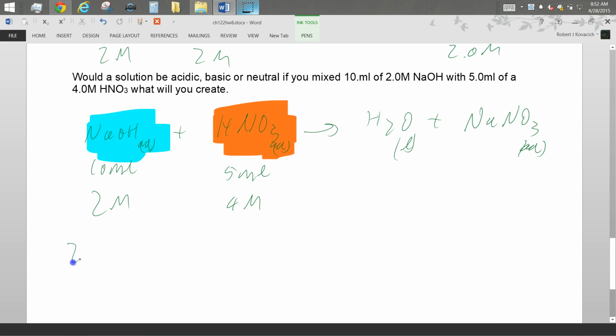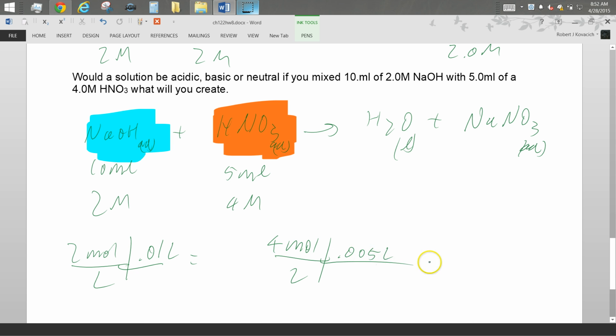This is 2 moles per liter, and this is 0.01 liters, and this is 4 moles per liter, and this is 0.005 liters. So out of this I get 0.02 mole of H, and I get 0.02 mole of OH minus.